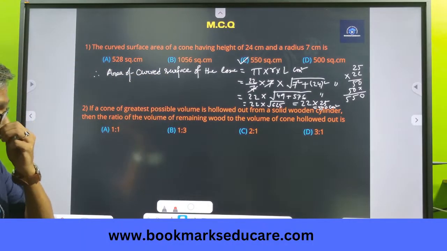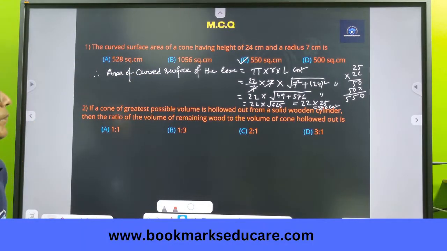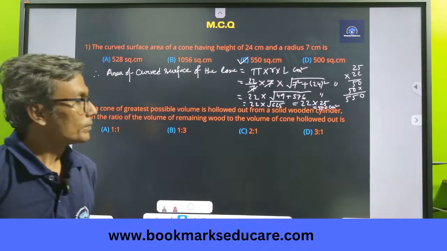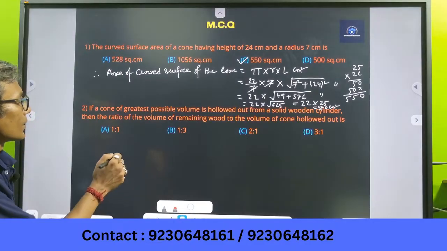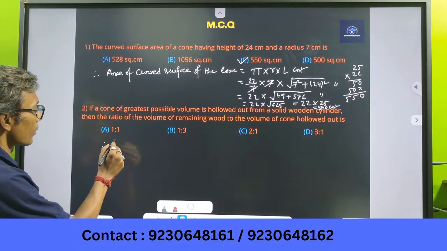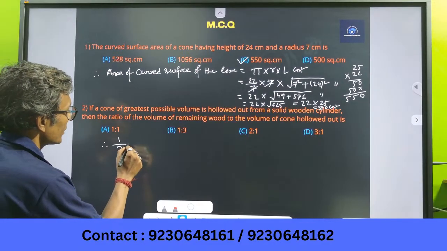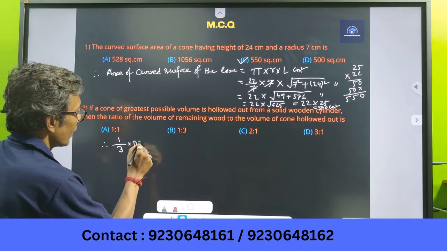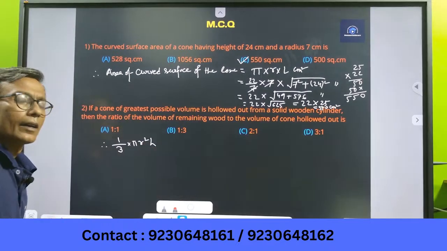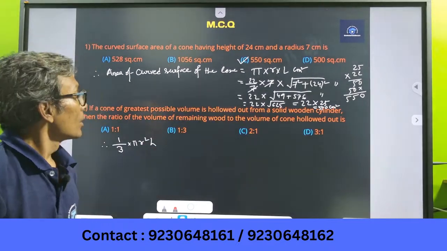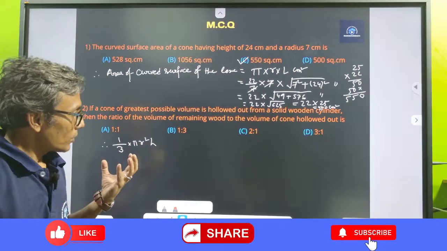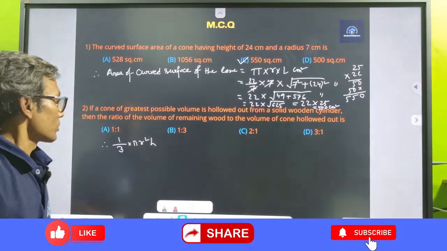So first of all, we have to find out the volume of original cone. So that is one-third into pi r square h, where r is the radius of the cone.